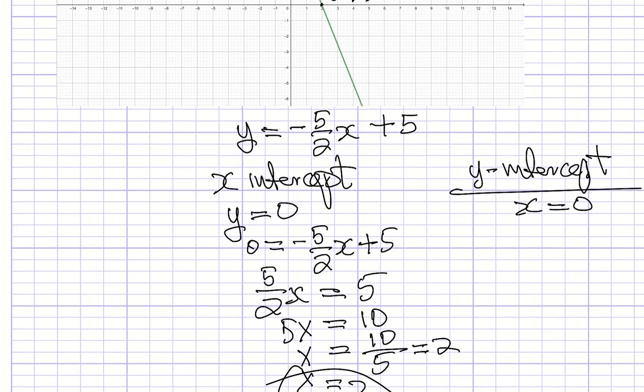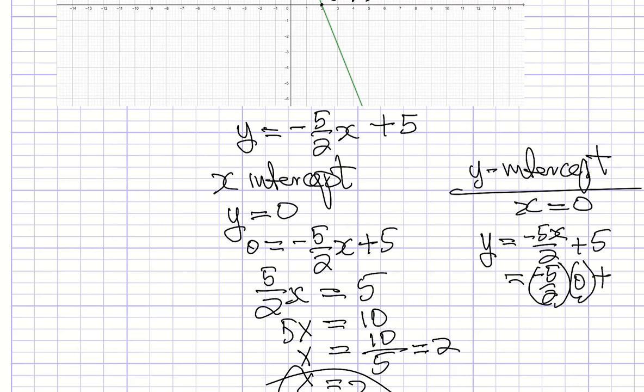We have y equals minus 5 over 2 x plus 5. Once you set x equals 0, you get minus 5 over 2 times 0 plus 5. The whole thing becomes 0, so you get y equals 5. This is the y-intercept, the same thing as the other pair, 0, 5.